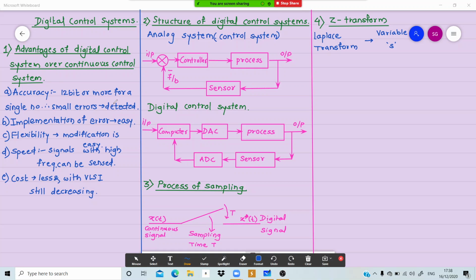It converts a continuous signal in time domain to the continuous signal in frequency domain. So in short, I'll write: converts continuous signal in time domain to continuous signal in frequency domain.